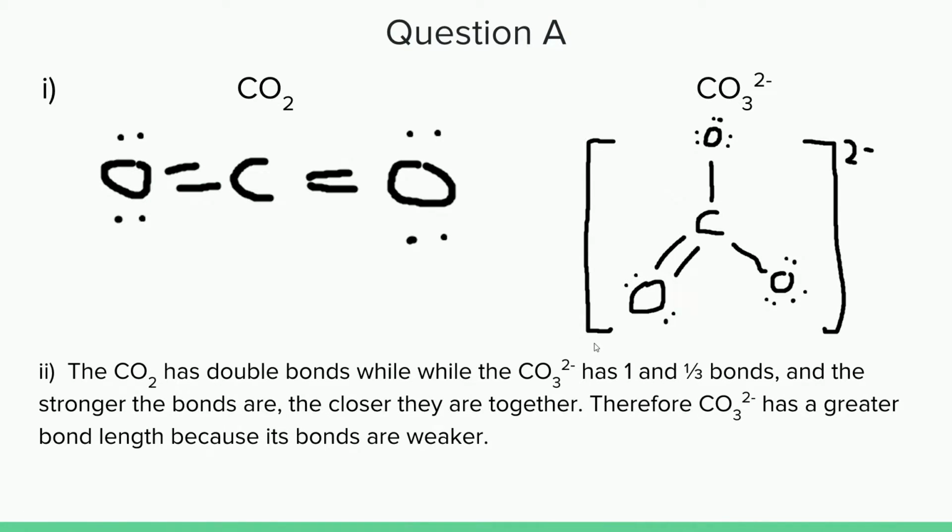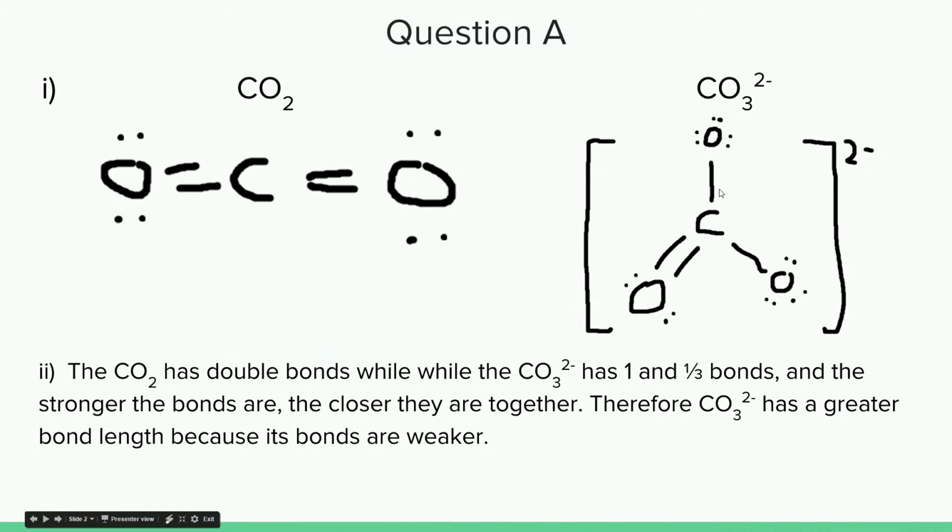And then the second part asks us to explain why the carbon-oxygen bond length in CO3 2- is greater than the carbon-oxygen bond length in CO2. As you can see in this diagram, the CO2 has double bonds, while the CO3 2- has 1 1/3 bonds.